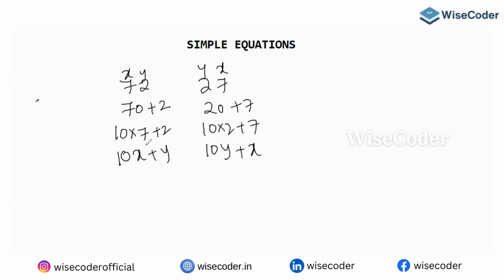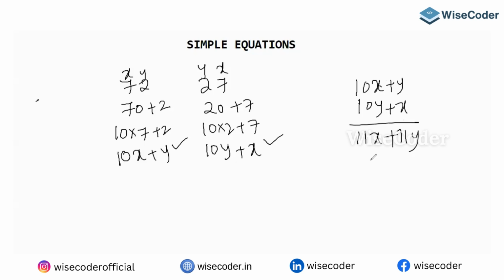So this is the two digit form, and this is the reversed form. Let's add them: 10x plus x is 11x, 10y plus y is 11y. If you take 11 as common, it's going to be x plus y. So it's a multiple of 11.